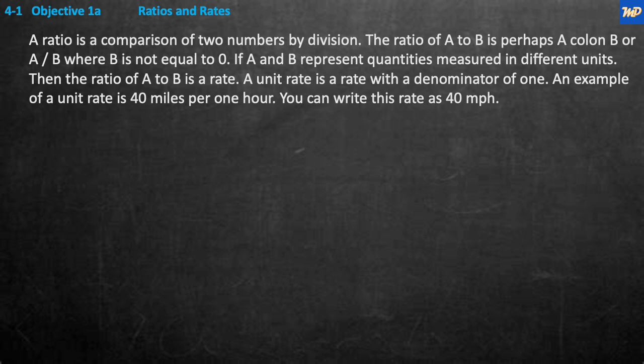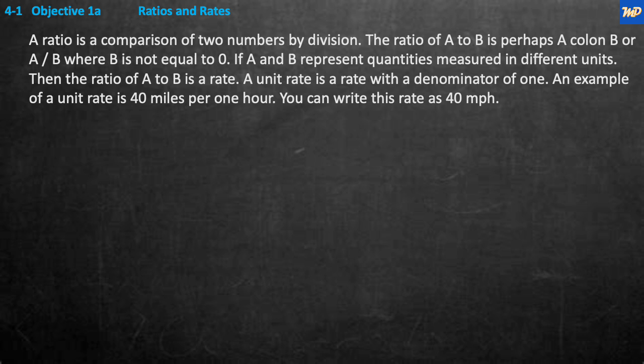If A and B represent quantities measured in different units, like A is in feet and B is in seconds, different units, then the ratio of A to B is a rate, like feet per second. A unit rate is a rate with a denominator of 1. So that's per 1 second, per mile, per gallon. They call that a unit rate.